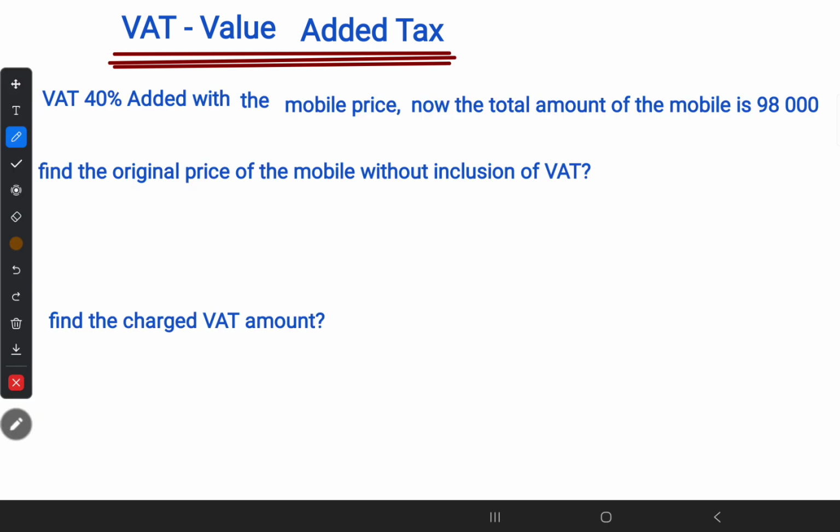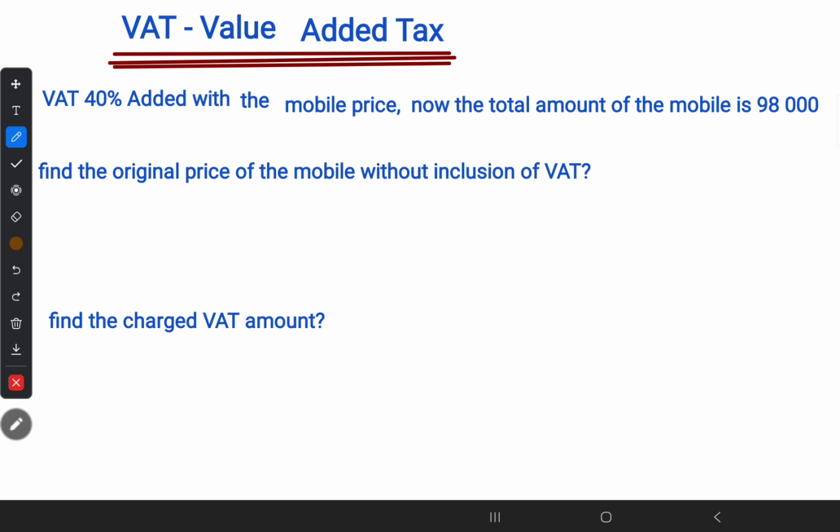3,000 rupees. So this question is difficult. VAT of 40 percentage is added to the mobile price, included with the original price of the mobile. Now the total amount of the mobile is 98,000. I will explain how to use the ratio method. We can use the ratio method or else the equation method. The simple one is the ratio method.